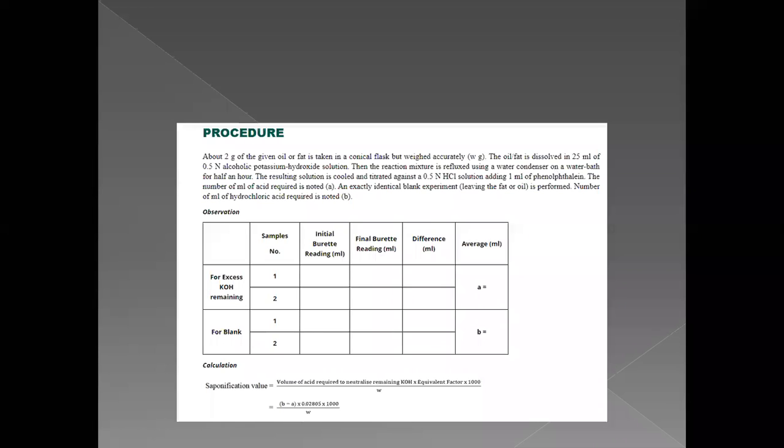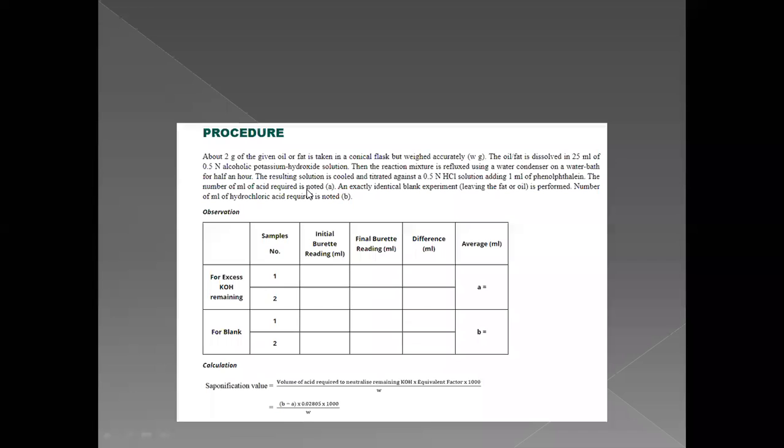So this reaction mixture we are going to heat on a water bath for half an hour. Then we are going to cool the mixture and titrate against 0.5 normal hydrochloric acid using 1 ml of phenolphthalein solution as an indicator. The number of ml of acid. Now in acid value we have titrated with base.